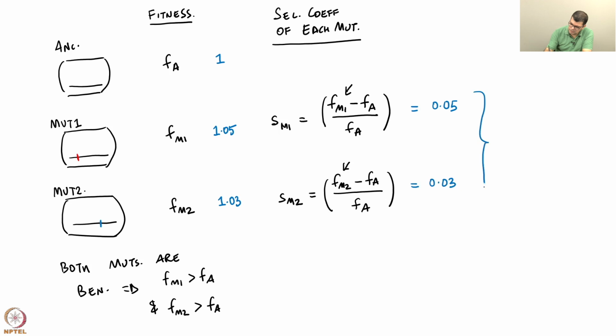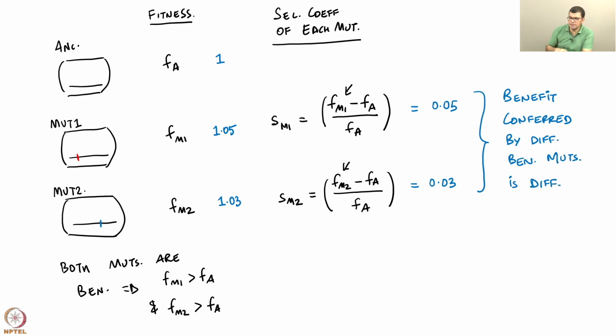This tells me that the benefit conferred by different beneficial mutations is different, which implies that not all beneficial mutations are the same. Each beneficial mutation will confer a different benefit to the individual, and this will have evolutionary implications.